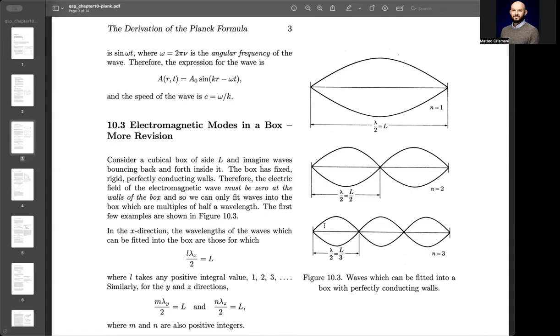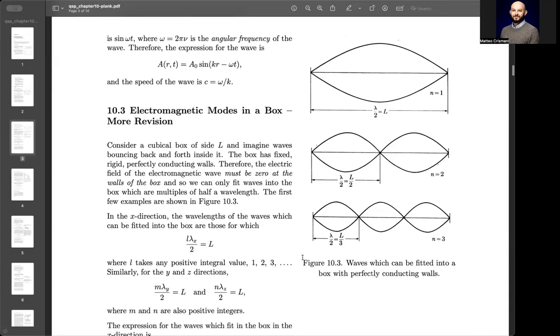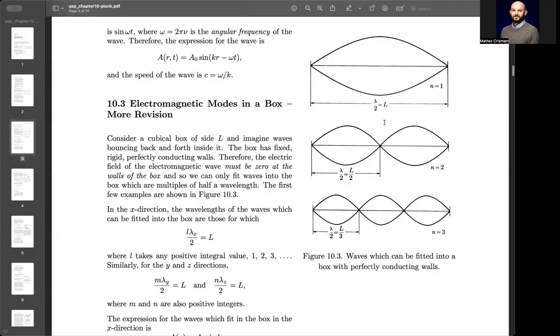And what you can see is all of these versions fit inside of that box, and they don't overextend on either side here. And because of this, these would all be solutions to the wave equation inside that box. And generally speaking, you can see a little bit of a pattern in the wavelengths, right? So for example, this one here was 2L, this one here was L, and so on and so forth.